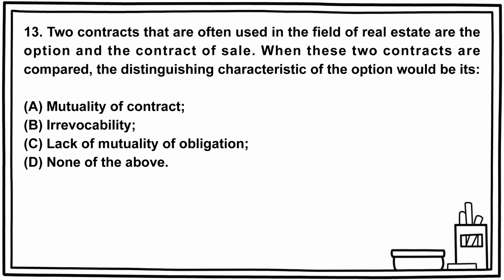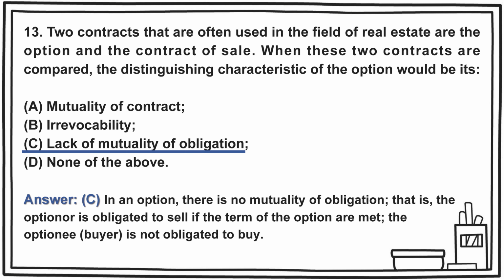D. None of the above. Answer, C. In an option, there is no mutuality of obligation, that is, the optioner is obligated to sell if the terms of the option are met, the optionee, buyer, is not obligated to buy.